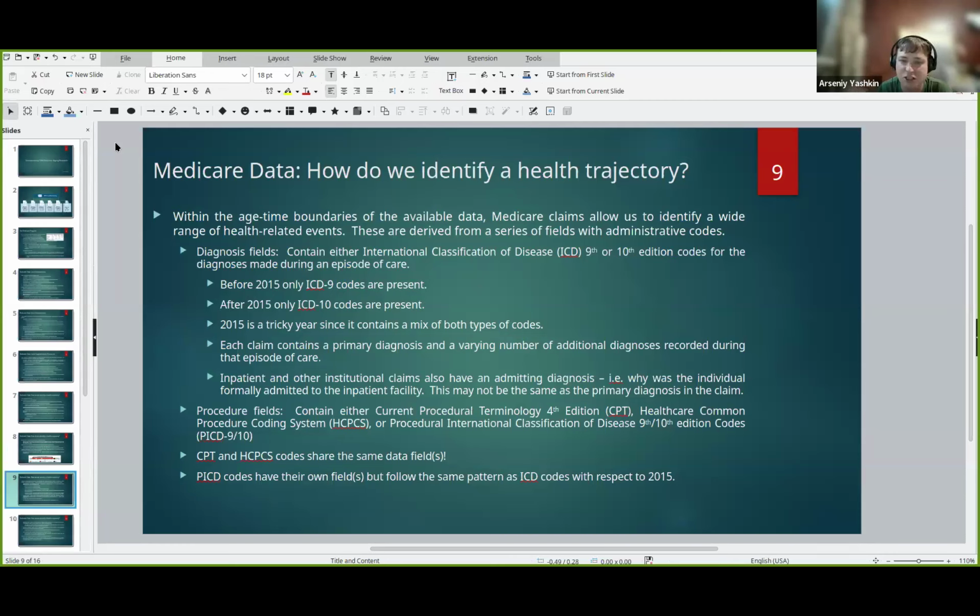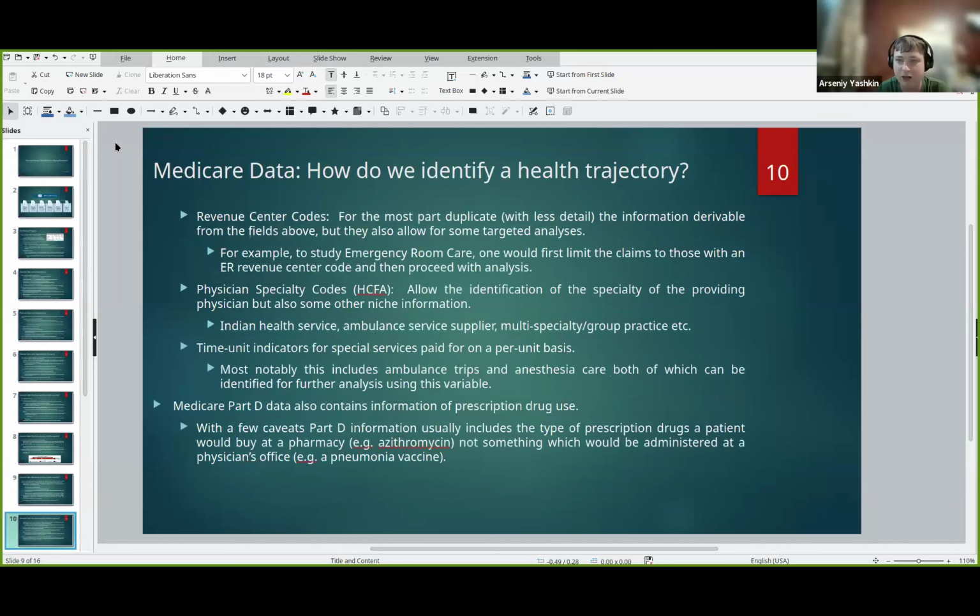We have procedural fields, which are available for the entire data range. Keep in mind, CPT and HCPCS codes share the same data field. So if you're looking for different data fields, you may not find them. Revenue center codes are also available. Personally, I like these less, but some people like these, for example, to study emergency room care.